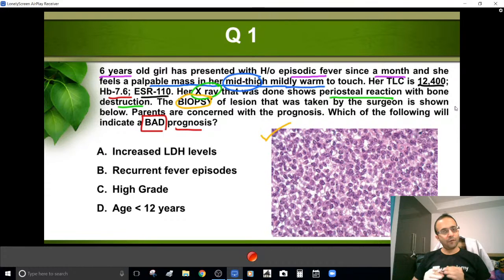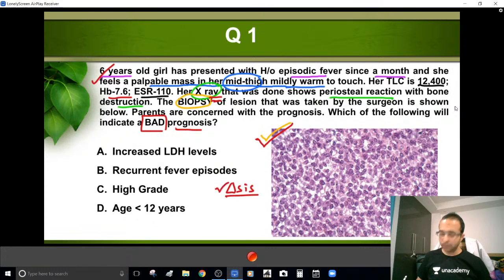You're going to have, of course, clinical MCQs, but MCQs that would need skill integrated from multiple branches. Like what you need in this MCQ, you need to know how to read the biopsy, you need to know how to read the X-ray picture, and of course, you need to integrate the clinical history with the X-ray finding and the biopsy finding. And then, first you have to decide upon the diagnosis.